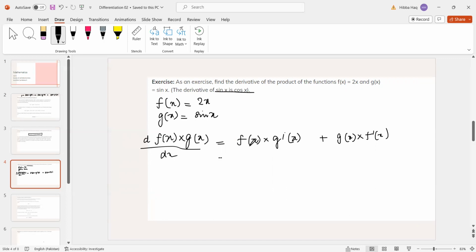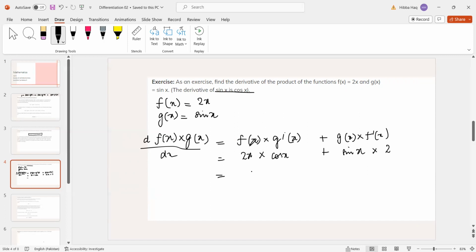So f of x comes as it is, so 2 times x multiplied with the differential of g of x, which is basically cos of x, plus g of x, which is basically sine x, into f dash of x. So the differential of f of x comes out to be 2.